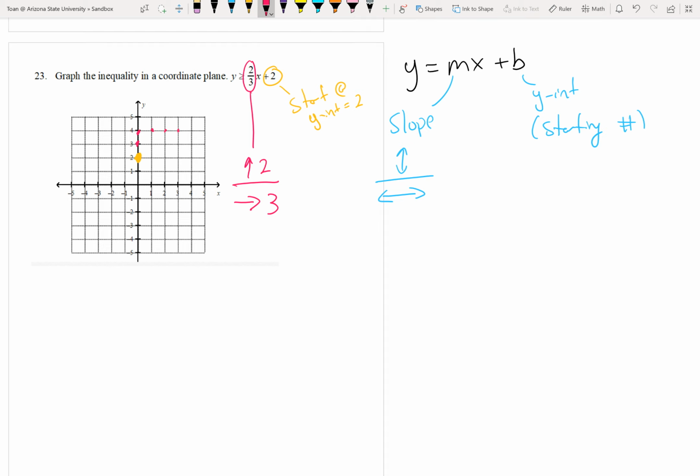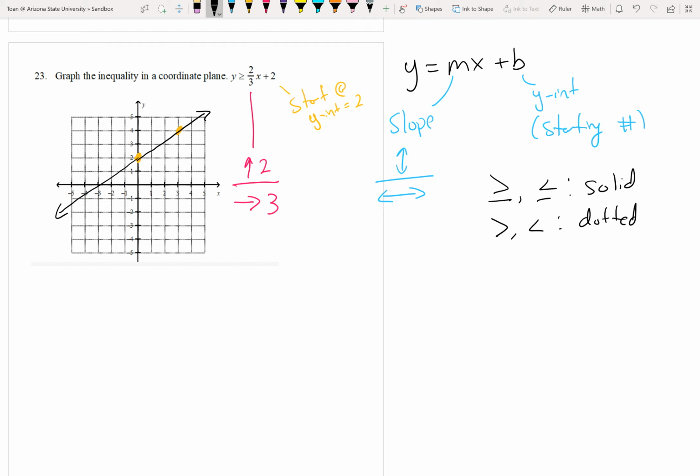So that's where your other point should be. Now, whether or not your line is going to be solid or dotted depends on the inequality. If your inequality is or equals to, it will be solid. Otherwise, it will be dotted. In this example, our inequality is greater than or equals to, so you'll have a solid line.